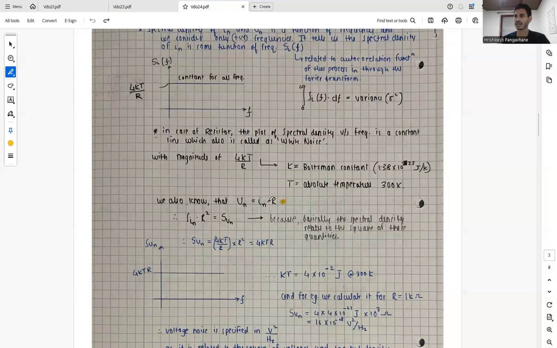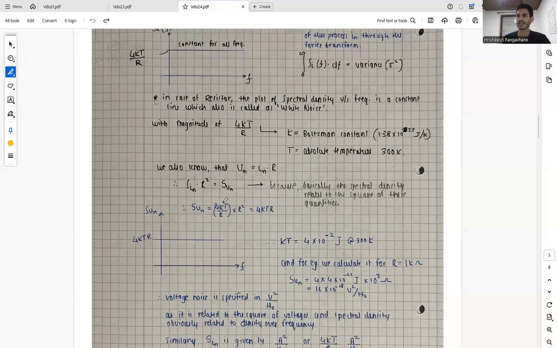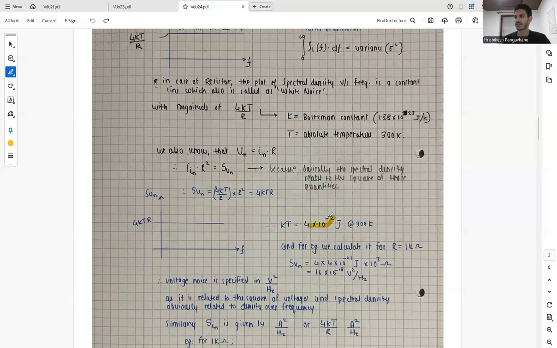We also know that Vn equals In times R, and because spectral density relates to the square of these quantities, SIn times R square is SVn, the spectral density of Vn, the voltage source due to the noise. So SVn is 4kT by R times R square, which is 4kTR. When we plot SVn against frequency, there is a constant white noise of value 4kTR, where kT is 4 into 10 to the power minus 21 joule at 300 Kelvin.